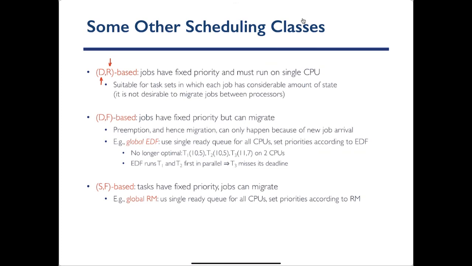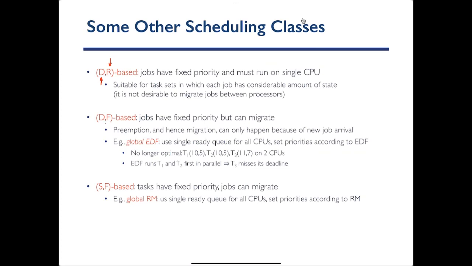And we talked about if I migrate a task or a job, it's going to take time for, let's say, the caches to warm up to have the data that this job has. So if you have jobs that have huge memory footprints, you might want to focus on DR-based schedulers, where once a job is assigned to a CPU, it cannot migrate.